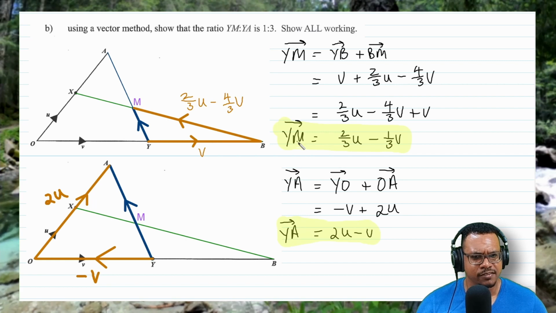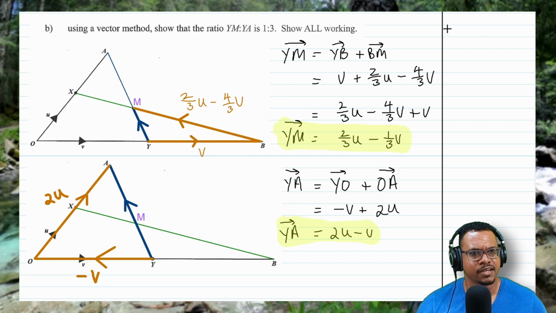All right, so looking at my two vectors, YM and YA, I noticed that 1/3 is actually common to the two terms in YM. I'm looking at this ratio 1 to 3. I'm just going to say that YM is equal to 2/3 U take away 1/3 V. I can factor out the 1/3.